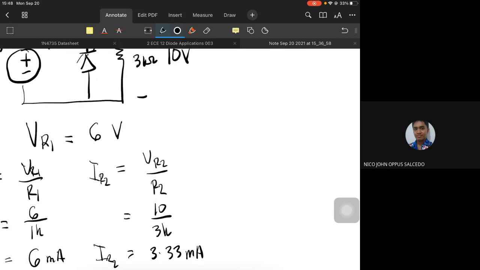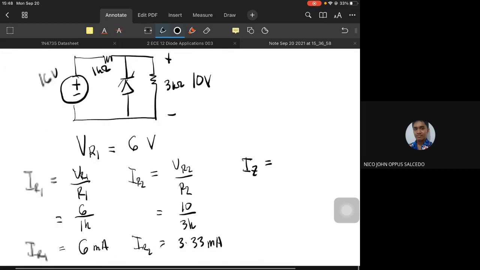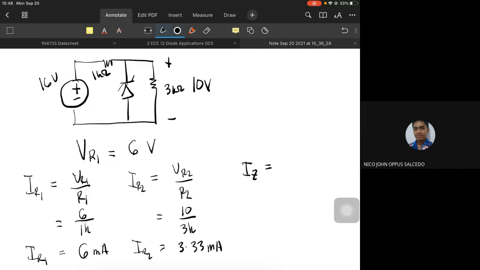How much then is IZ? Considering that this is a node, IR1 comes in, IR2 goes out, and IZ goes this way.